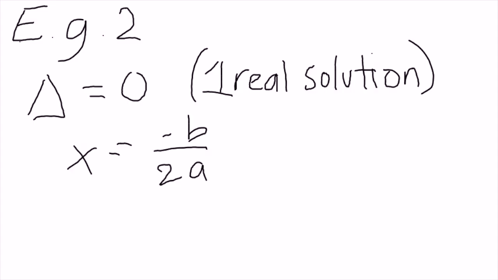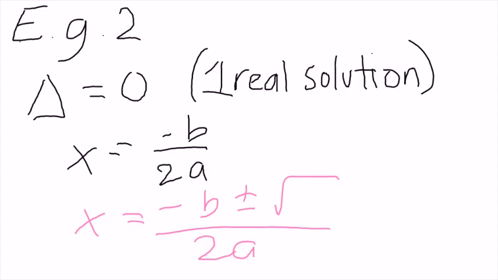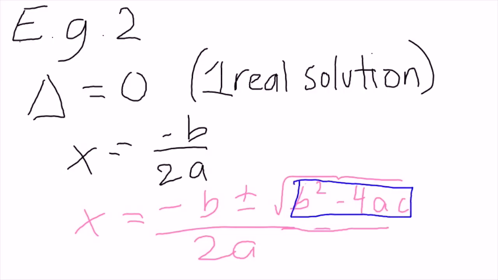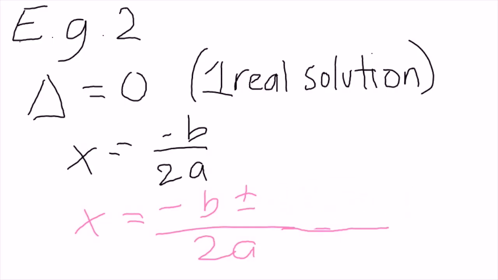The quadratic formula is x equals minus b plus minus root b squared minus 4ac over 2a. As you know, the discriminant is b squared minus 4ac, and if that was equal to 0, then it simplifies to just minus b over 2a, which can be seen here.